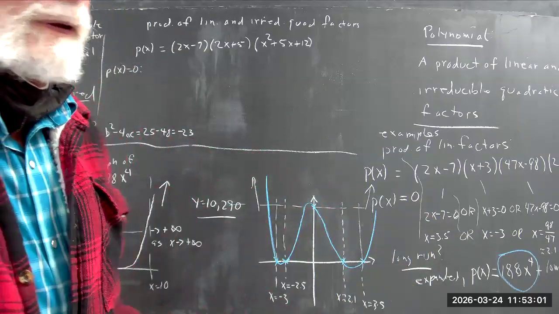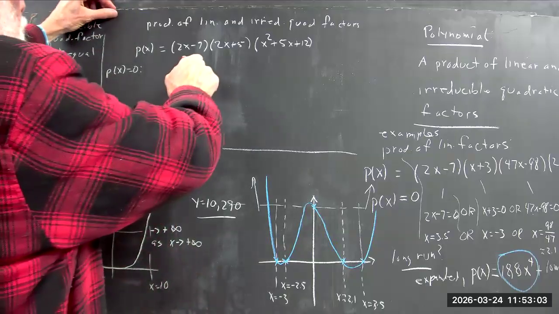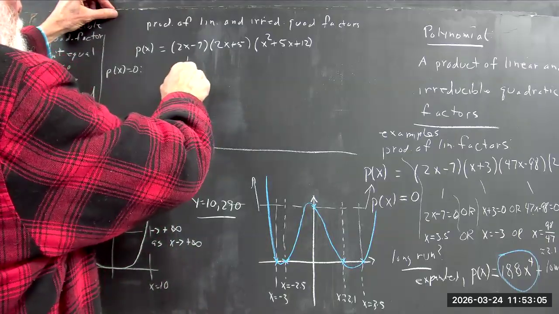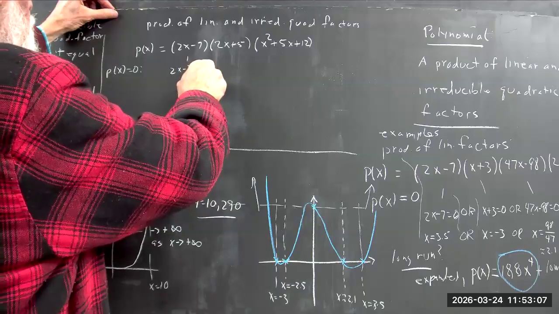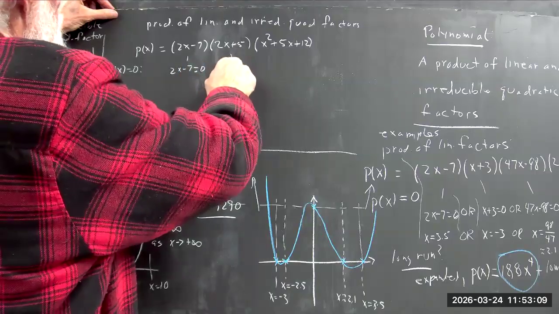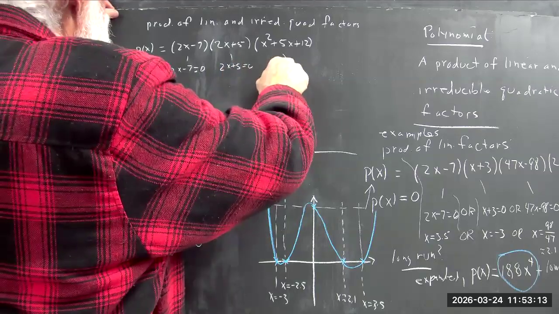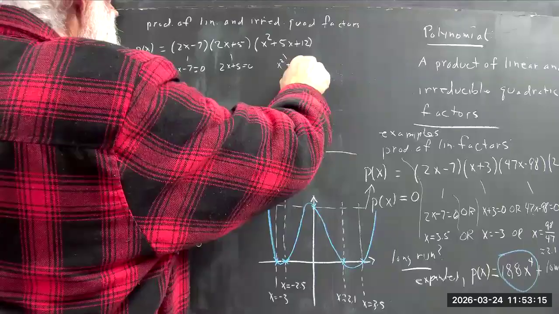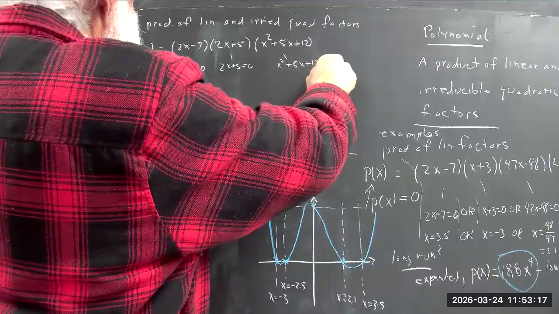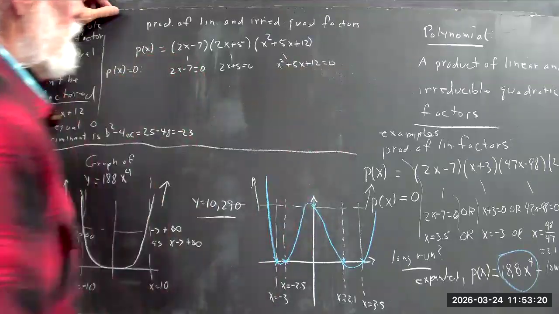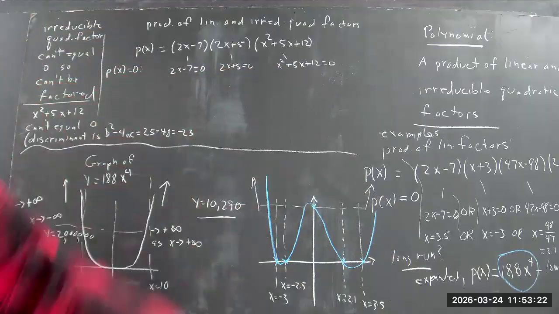Let's find out what P of x equals 0. Well, that breaks down into 2x minus 7 equals 0, 2x plus 5 equals 0, and x squared plus 5x plus 12 equals 0. And that would be perfectly okay.